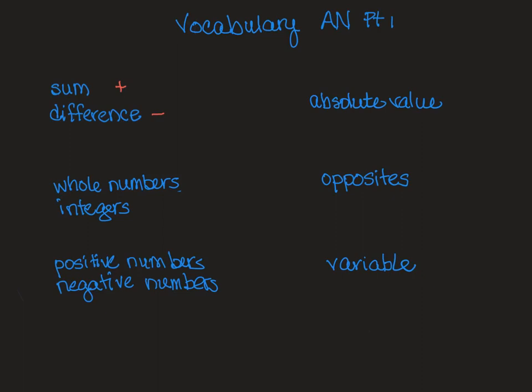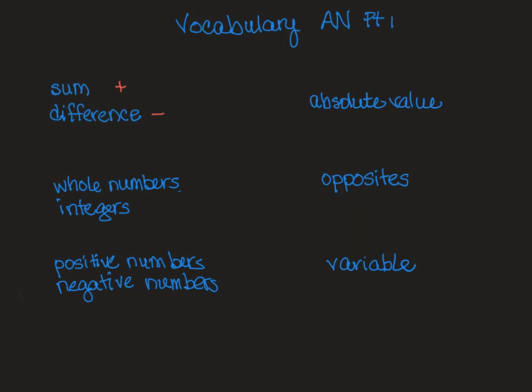Sometimes in math, the way they organize the words doesn't really come together easily in your brain. But if I'm finding the difference of two numbers, I'm finding out how much one is greater than or less than the other. So I'm finding the difference between them. The sum is adding and the difference is subtracting.